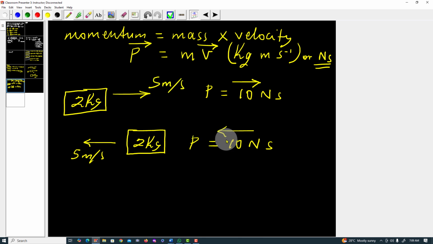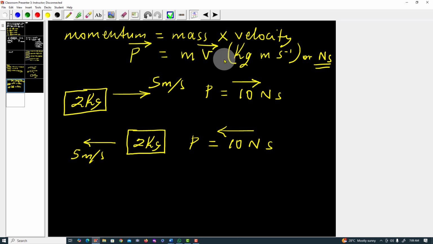The momentum of this object is 10 Newton seconds to the left because the velocity is towards the left. Understand that. So the definition of momentum and the fact that it is a vector quantity. Remember, this one defines momentum. Momentum is a physical quantity, and it is defined as the product of the mass of the object and its velocity.